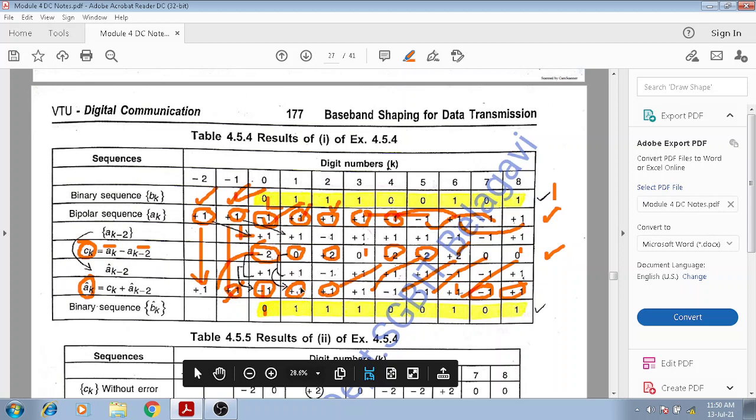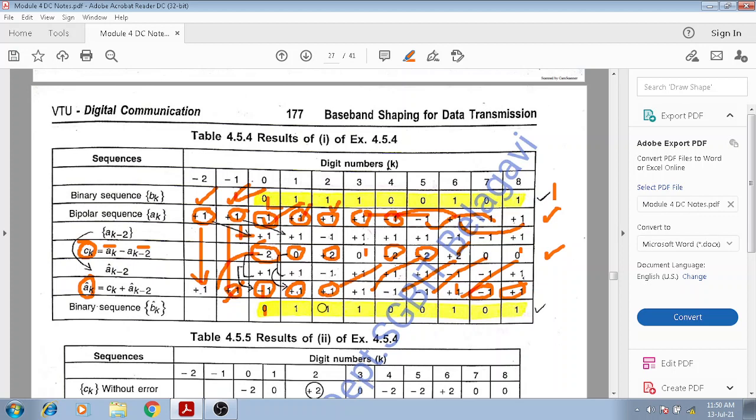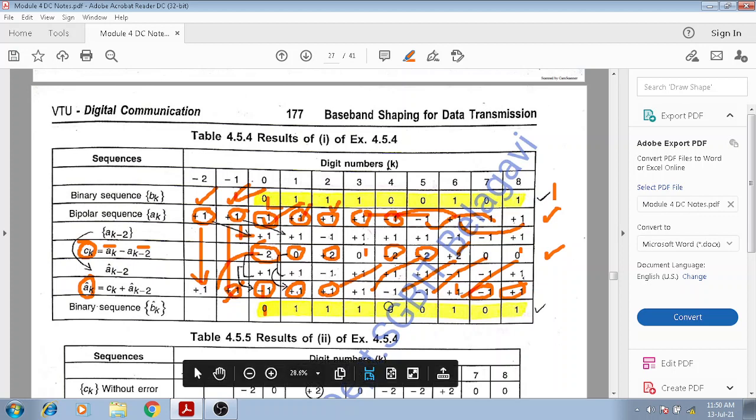If it is greater than 0, then the binary data is 1. Look here, it is plus 1, greater than 0, so 1. Minus 1 is less than 0, so output is 0.